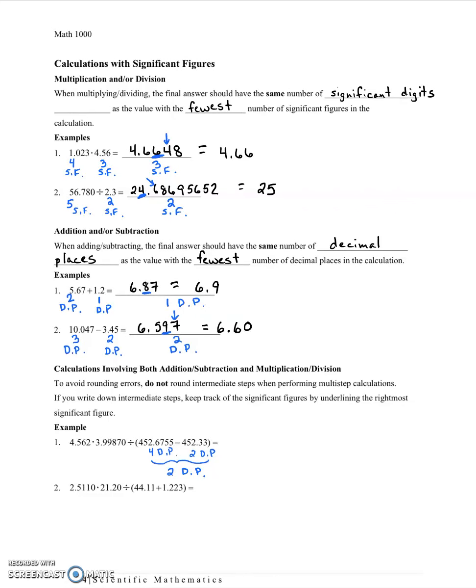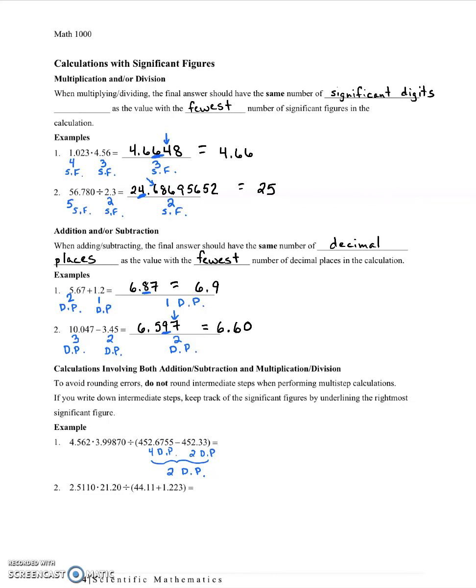Also, we can do multiplication and division from right to left as they come. So we're going to multiply these 2 numbers and then divide by whatever we get out of our parentheses, so we can go ahead and do the multiplication of these 2 numbers. So remember, when we're multiplying, we're not talking about decimal places like we are with addition and subtraction. We're talking about significant figures.